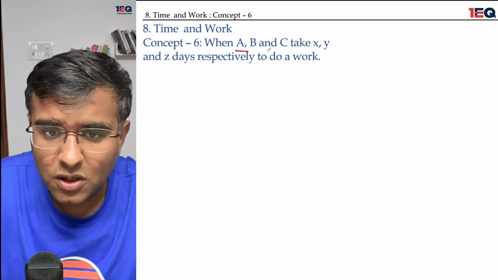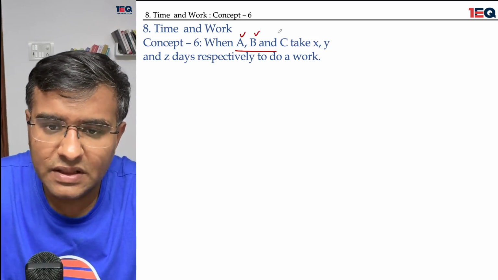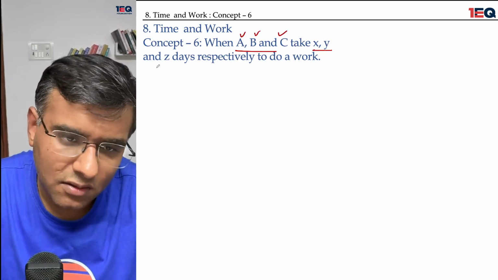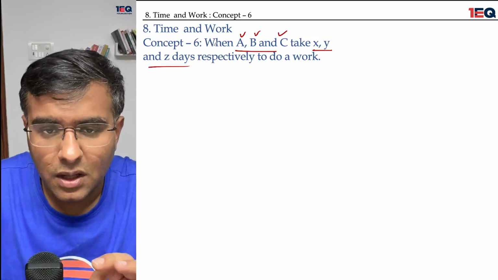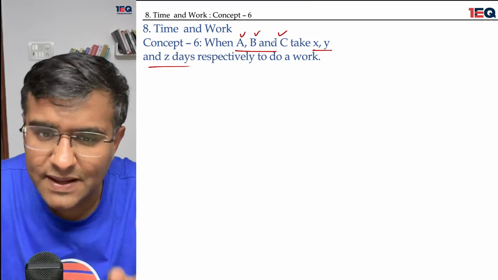I've mostly talked about only two people working together. There can be a possibility when three variables come together and do some work. My concept will not change. It's going to remain the same.